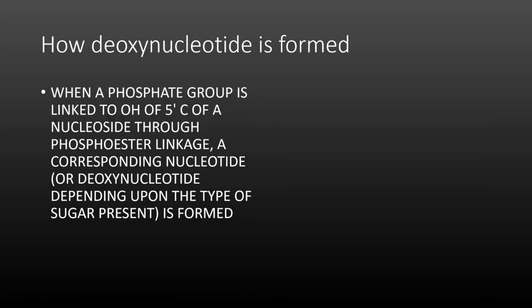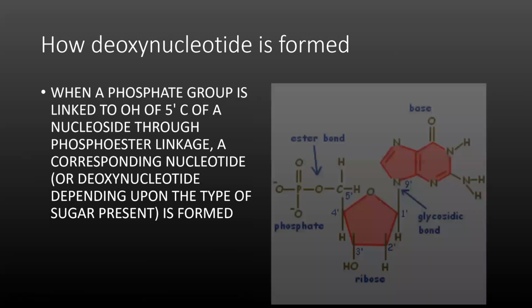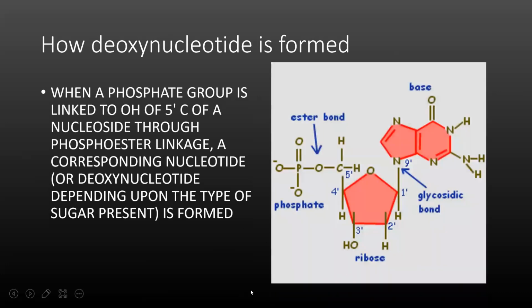If it is attached to deoxyadenosine, a deoxynucleotide will form, depending upon the type of sugar present. Whether it will be ribonucleotide or deoxyribonucleotide depends on which sugar is present. If it is ribose, it is ribonucleotide. If it is deoxyribose, a deoxyribonucleotide is formed.